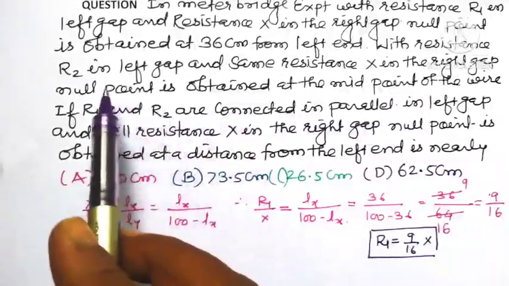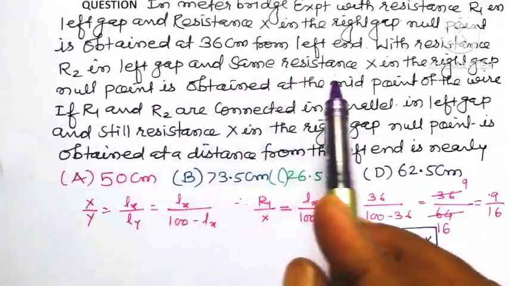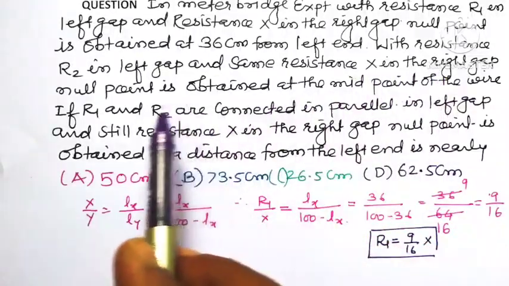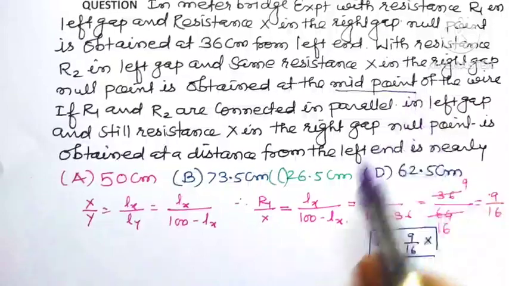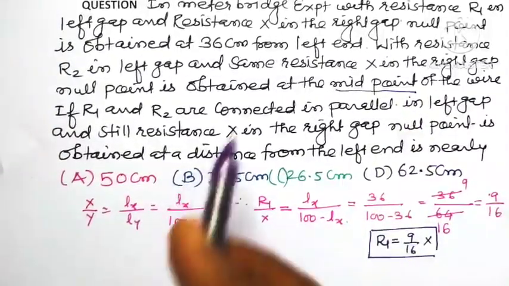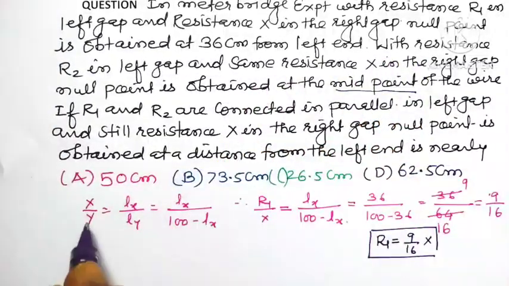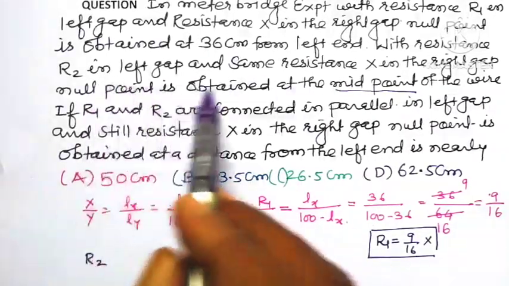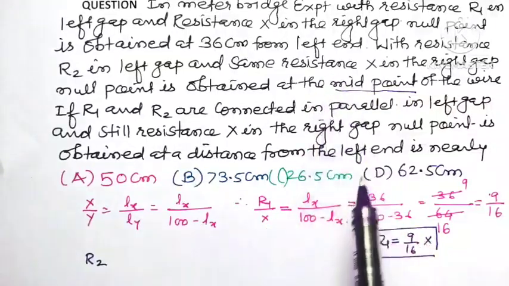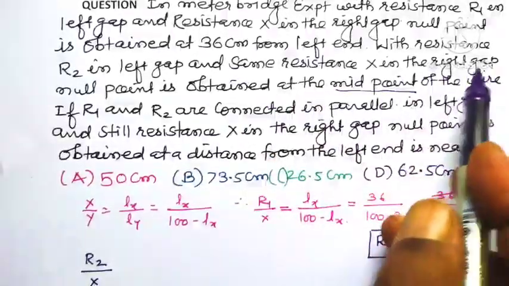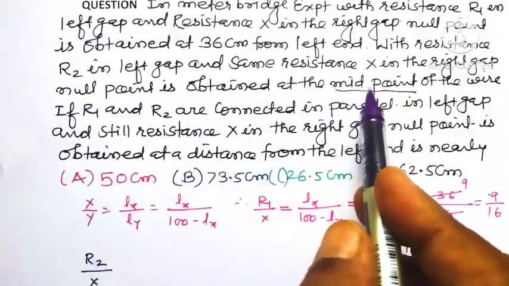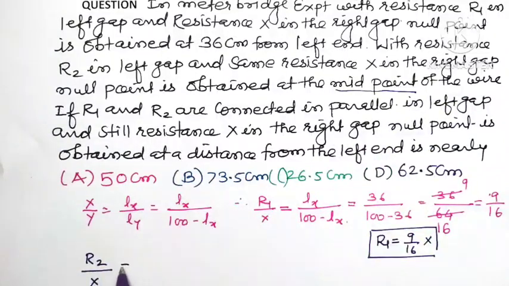With resistance R2 in the left gap and the same resistance X in the right gap, the null point is obtained at the midpoint of the wire.